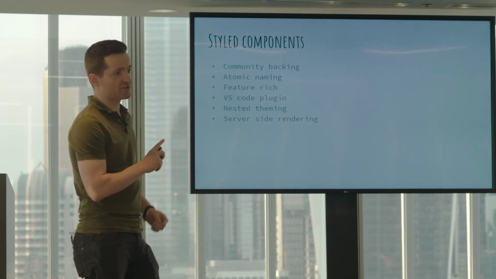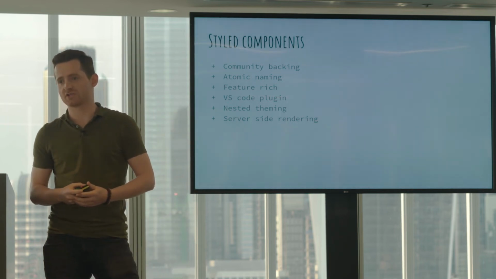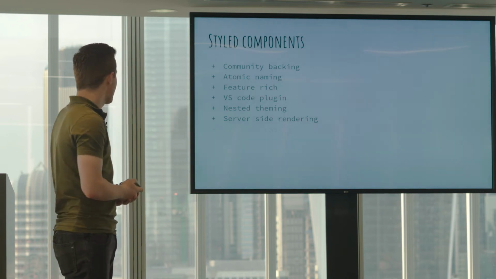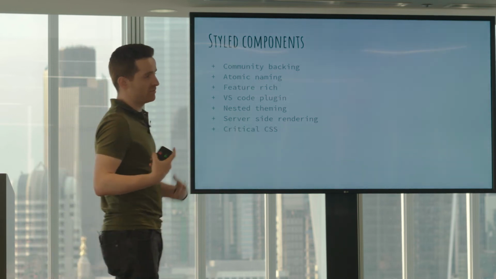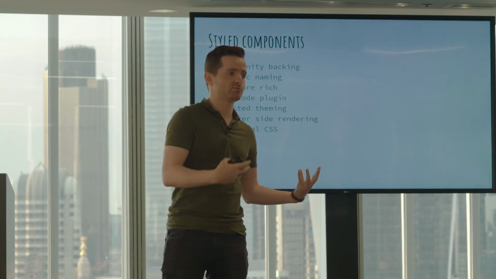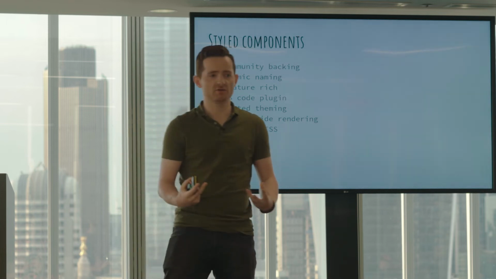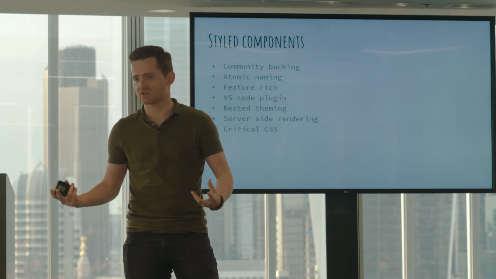It also supports server-side rendering, which is obviously very useful these days, especially for us, because we push a lot of content and we need it to render fast. If you think back to my example, it's only rendering the components that are actually used. So what does that mean? It only renders the CSS that's actually used.